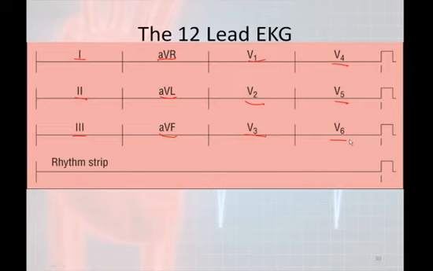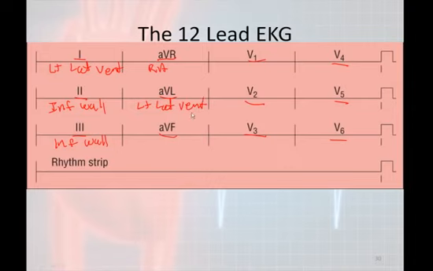So if you remember back on the picture when I was showing you what we were looking at, lead 1 looks at the left lateral ventricle. Lead 2 looks at the inferior wall. Lead 3 looks at the inferior wall. AVR looks kind of at the right atrium, but we're going to talk about AVR later on. AVL looks at the left lateral ventricle or left lateral wall.